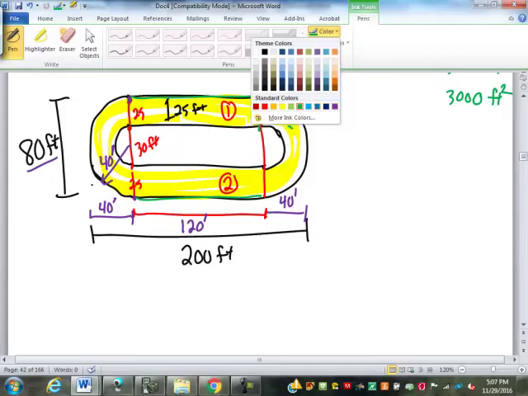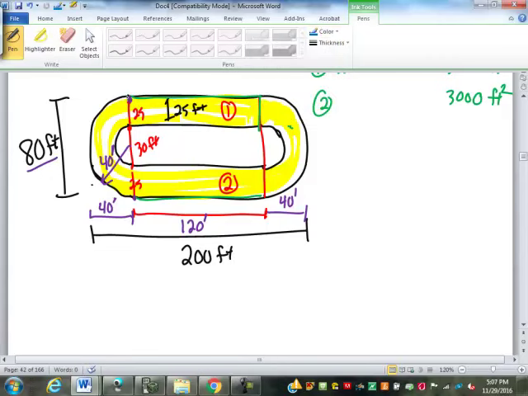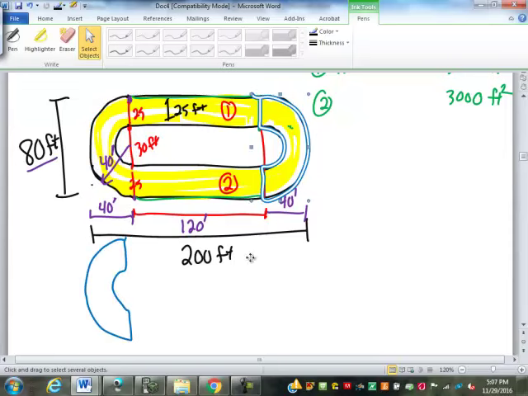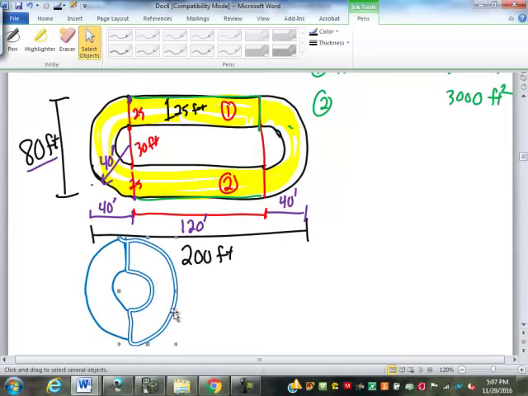let's see, blue I haven't used, that'll work. If I take that piece and this piece and I move them, I get what we just worked on.